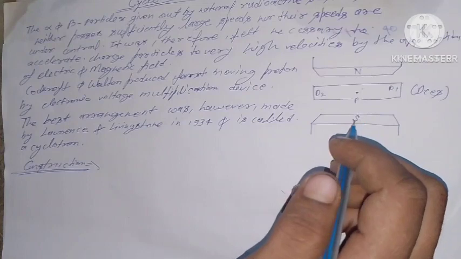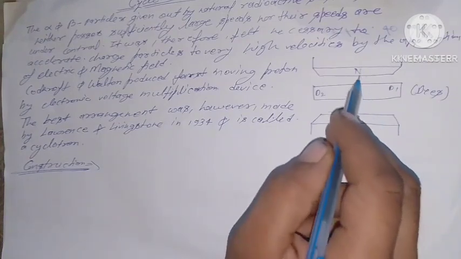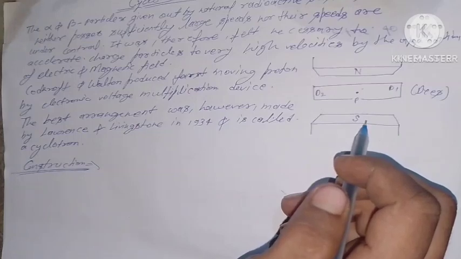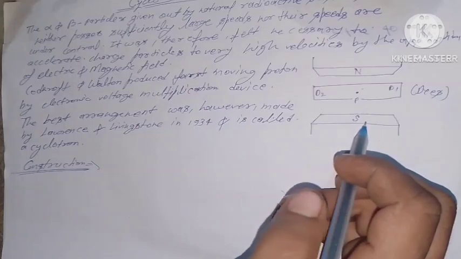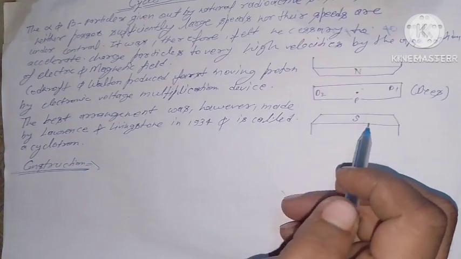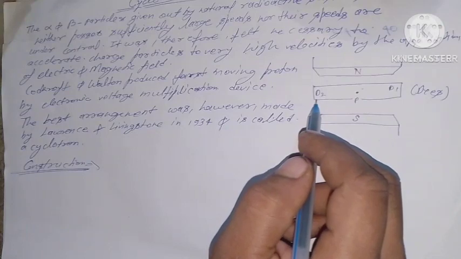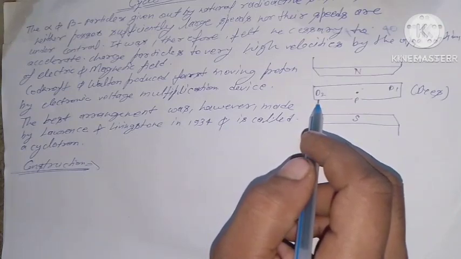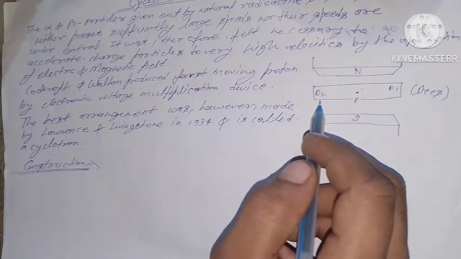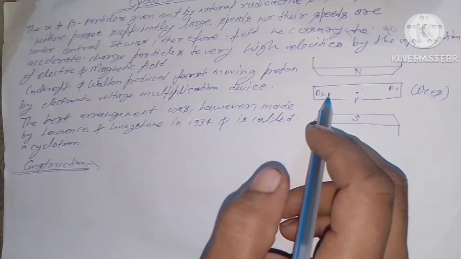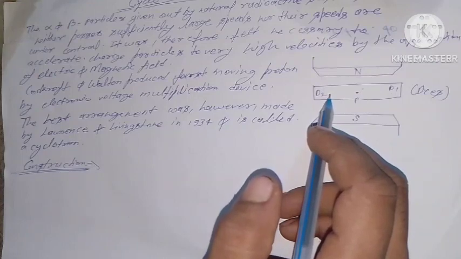A magnetic field is applied perpendicular to the plane of the paper, and D1 and D2 are connected to a high frequency alternating current as shown.